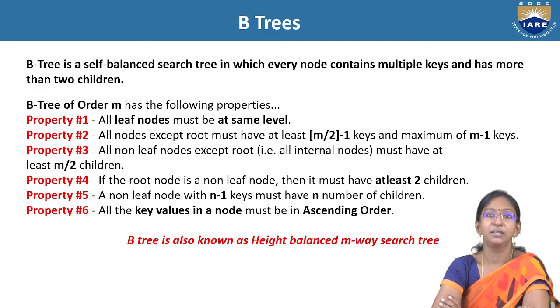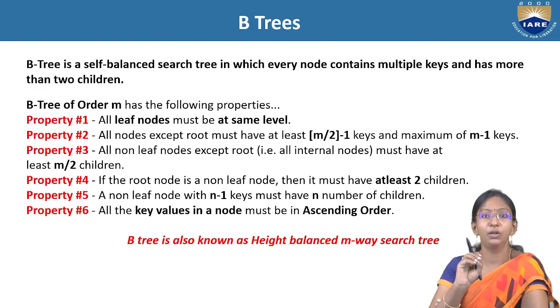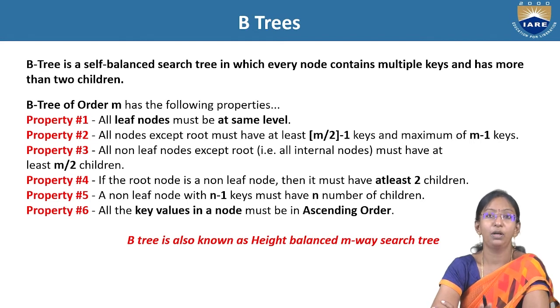Second property is except the root node, all the remaining nodes must have at least m by 2 minus 1 keys or a maximum of m minus 1 keys. As it is of order m, definitely it will have m minus 1. Third property is about non-leaf nodes. Except the root, they must have at least half the children filled. And the key values must be in ascending order.